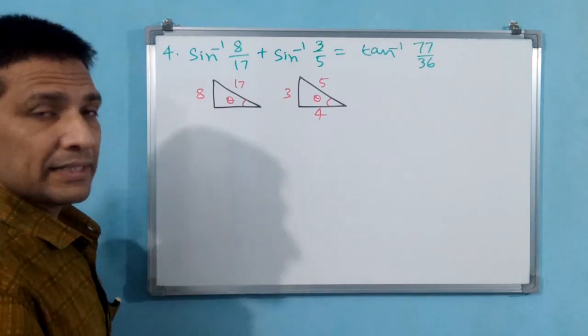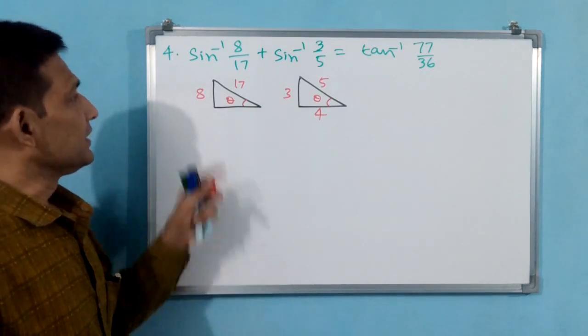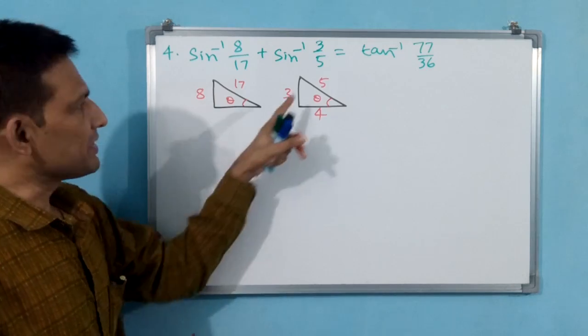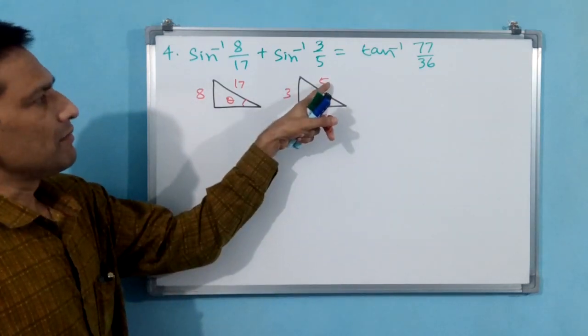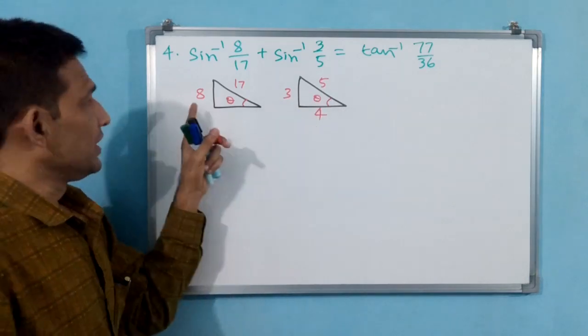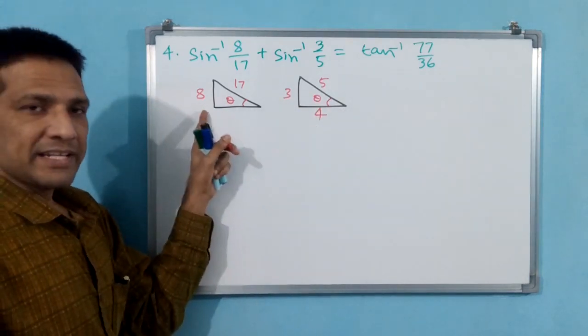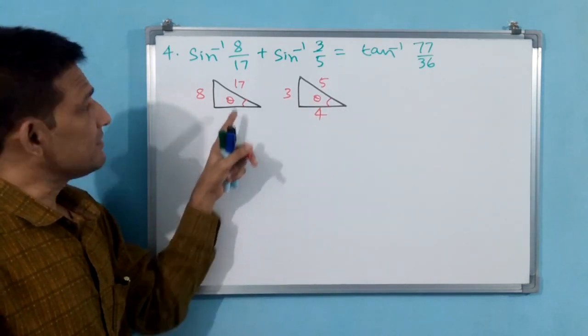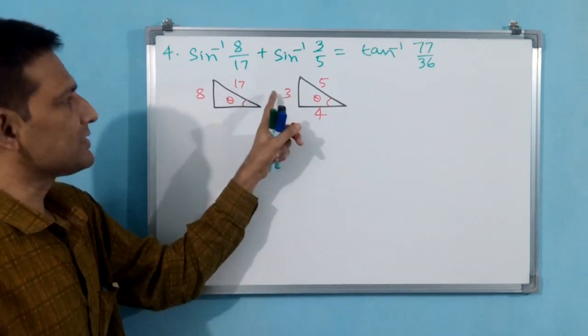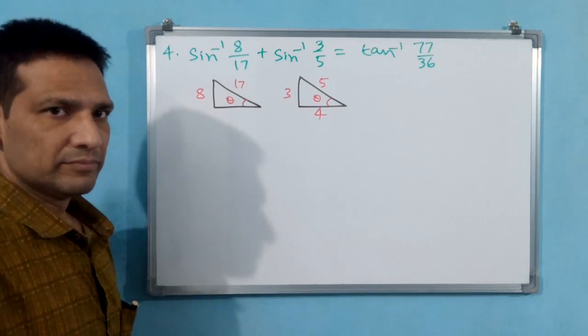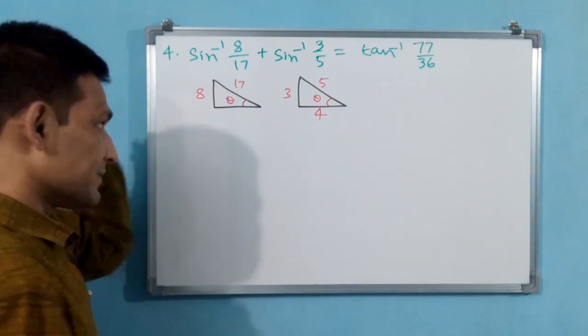Now what will be here? Less than 17 should come, because the hypotenuse is always bigger. Here 4 on this side, 3 on this side may also come, depending on the question.